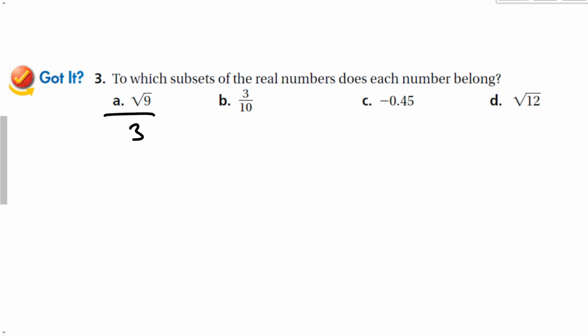Well, because it's actually a 3, that is natural, whole, integer, and rational. Okay? 3 over 10 is a fraction, so it is not natural, it's not whole, not integer.